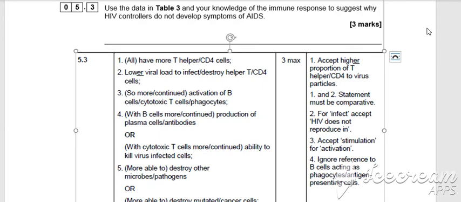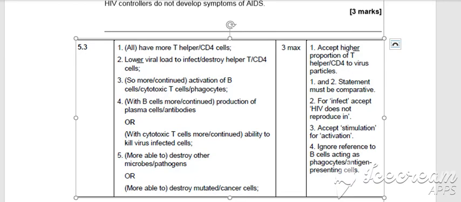Therefore, they're more able to destroy any other microbes or pathogens, or they're more able to destroy any mutated cells or cancer cells. We're ignoring reference to the B cells acting as phagocytes or antigen presenting cells.